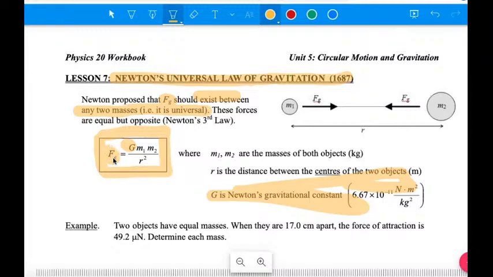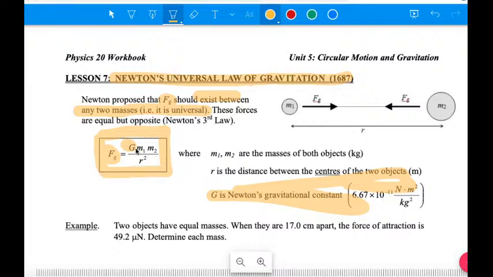So our gravitational force, now we're not just looking at the force of gravity on Earth. This is between any two masses, M1 and M2. So I guess one of those masses could be the Earth and the other mass could be us. And if we calculated it, we could find the force of gravity, which would be the same as doing mass times gravitational acceleration. But here we can also work with two objects that are on Earth, or two objects out in space, or between the moon and the Earth, anything really.